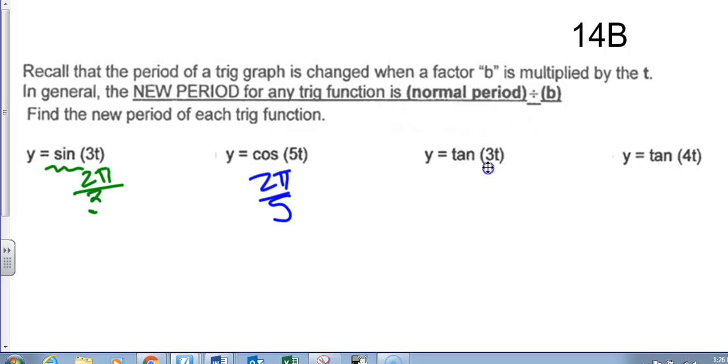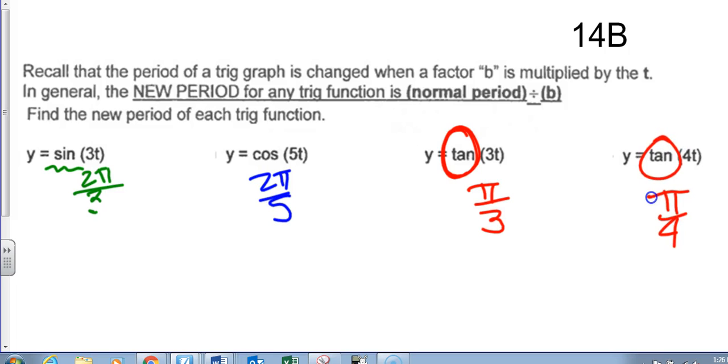What about this one? Oh, because it's tangent, it's just pi over 3. And this one is tangent also. Okay, that was my 10-second review. Make sure you realize if it's sine or cosecant or secant, it's 2 pi over b. If it's tangent or cotangent, it's just 1 pi over b.